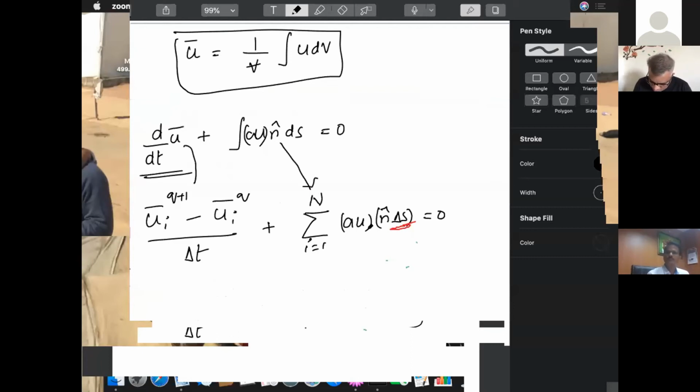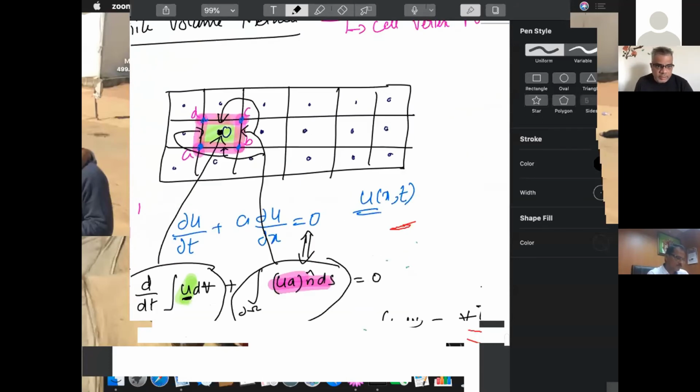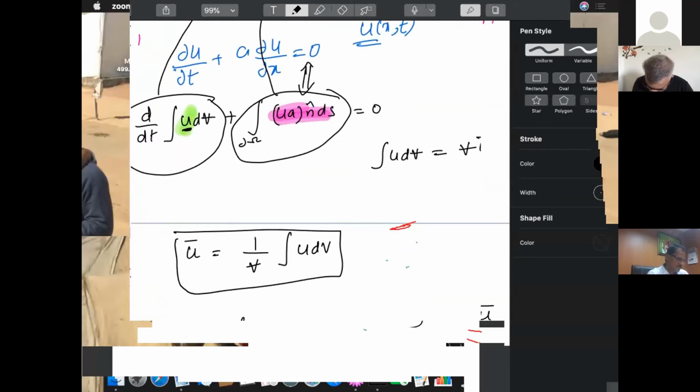So I need to evaluate u on the interface. The first approximation that I can consider is to take the average of u bar. If I take this region, I'm enlarging that. I have a point called i here and a point called i plus 1 here, and u bar at i is stored here, u bar at i plus 1 is stored here. I want information at i plus half, u bar at i plus half.